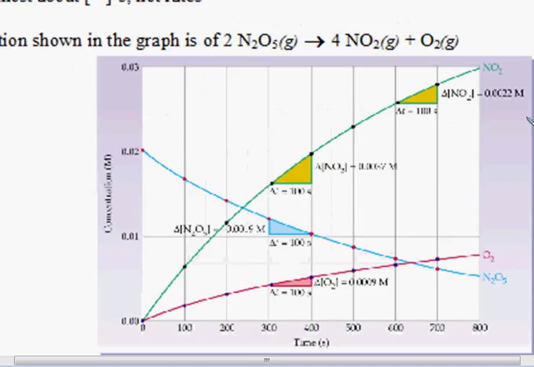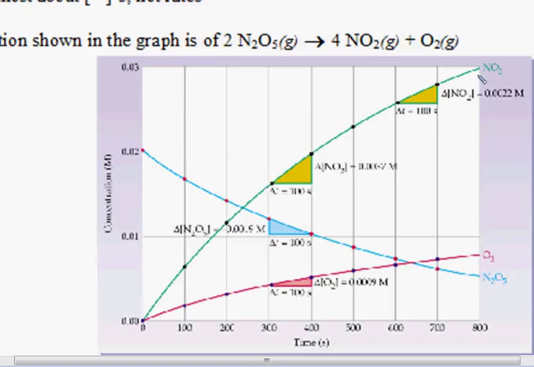This particular graph happens to be showing us a reaction with dinitrogen pentaoxide reacting to form nitrogen dioxide as well as oxygen gas. What you can see, if you look very closely, is that this curve here goes along the nitrogen dioxide.